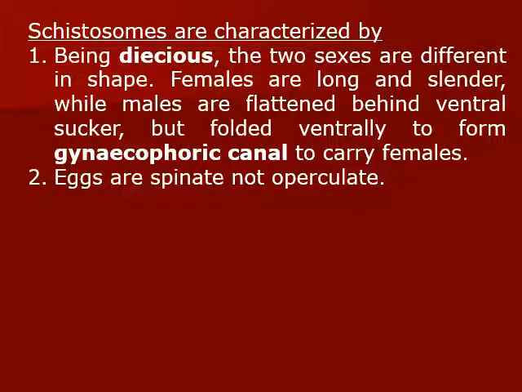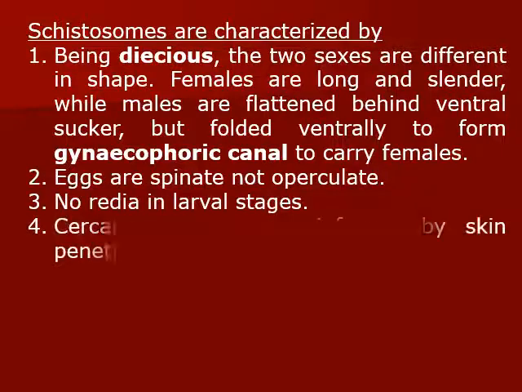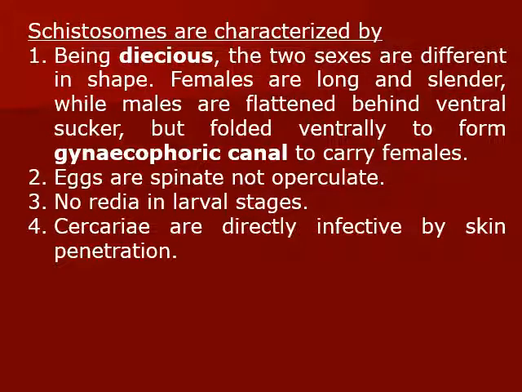Eggs are spinate and not operculate like other trematodes. There is no redia in the larval stages inside the snail, but there is a sporocyst, then a daughter sporocyst, which produces cercariae all over its life. Cercariae are directly infective by skin penetration.